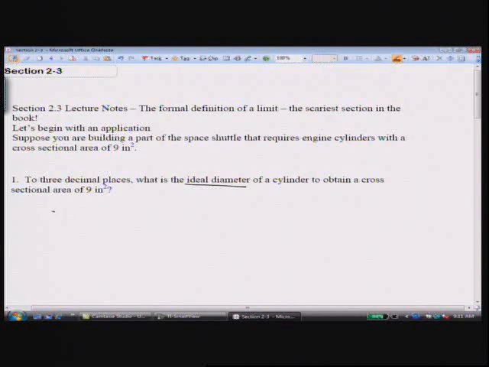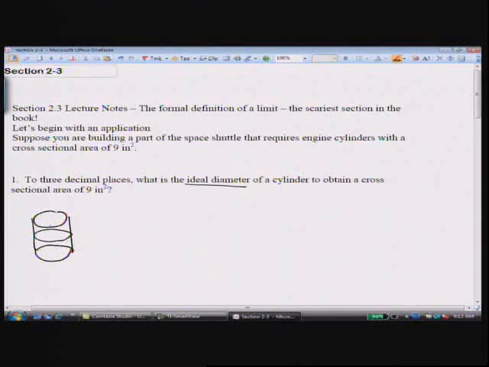Okay, so if you have a cylinder, it's like a Coke can, right? And maybe in geometry you remember that the cross-section of a Coke can, that means if you just took a knife and cut it, but don't do that at home because it gets really sharp. But anyway, if you cut a Coke can and then you looked at what you cut, you have a circle, right?